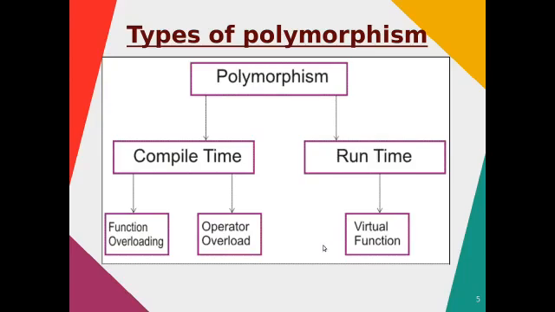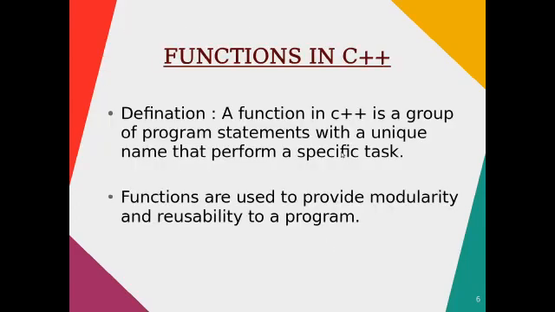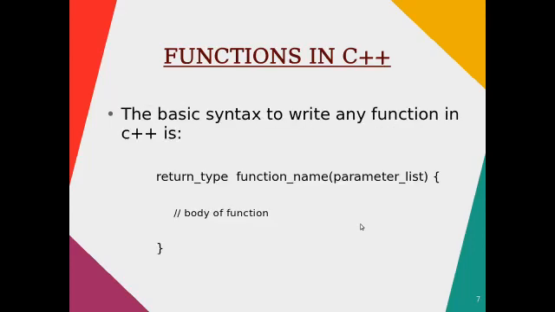So let's dive deeply into the concept of function overloading. But before that, we will quickly revise the basic things about functions. A function in C++ is a group of program statements with a unique name that performs a specific task. Simply, functions are used to provide modularity and reusability to a program. The basic syntax to write any function in C++ is, first we mention its return type, followed by the name of the function, and then you specify the list of parameters, which is followed by the curly braces.